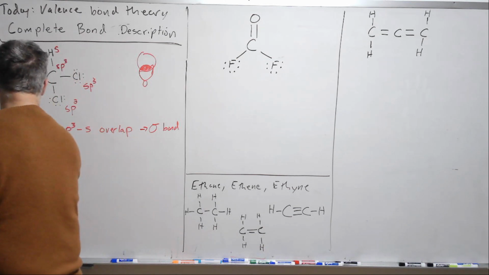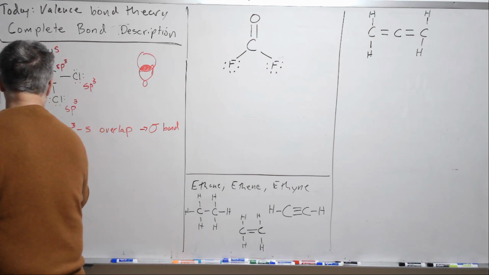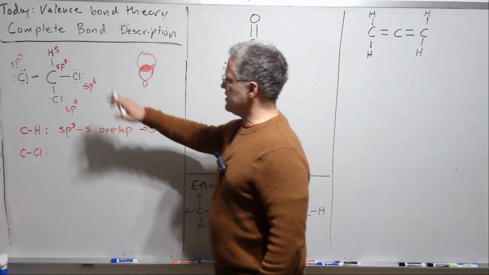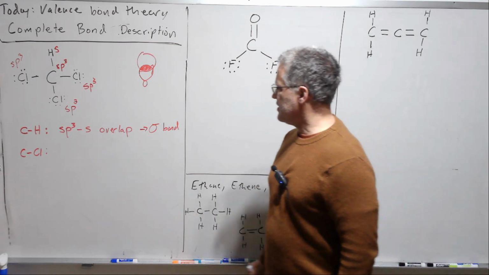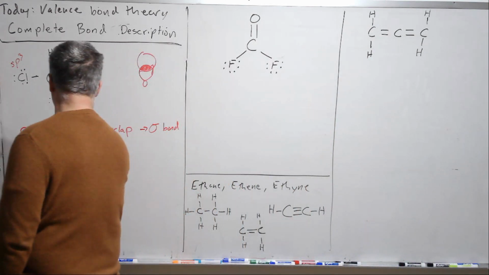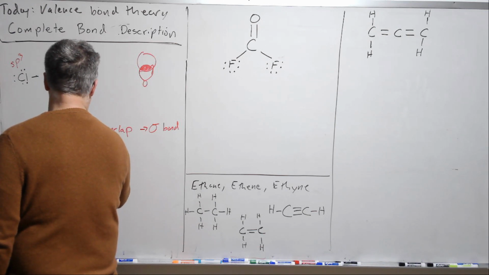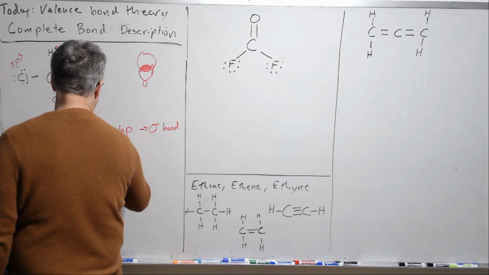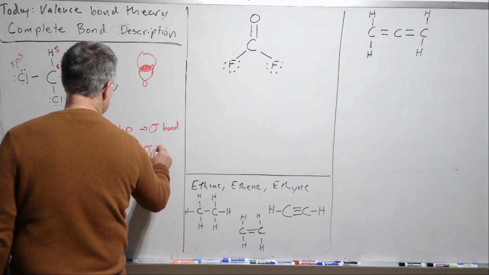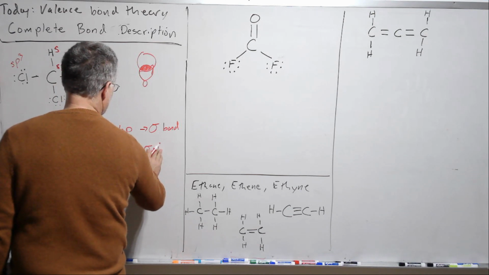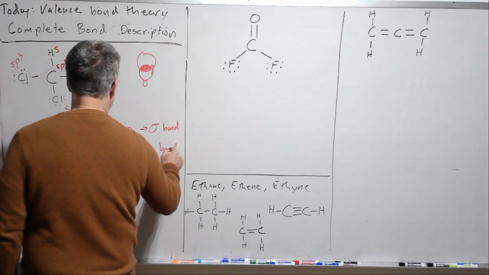And then we will go C-Cl, and we only need to do this once because of the symmetry here. And so we would say this is an sp3 overlap, sigma bond. Why sigma bond?